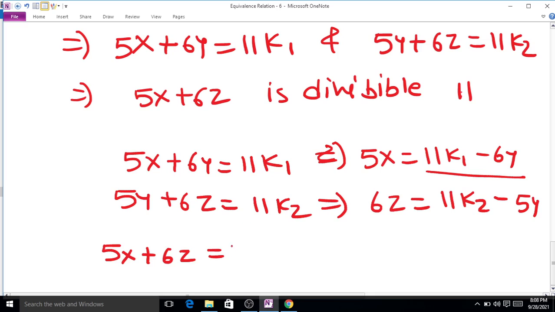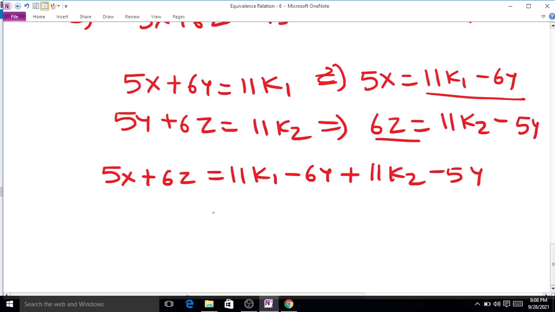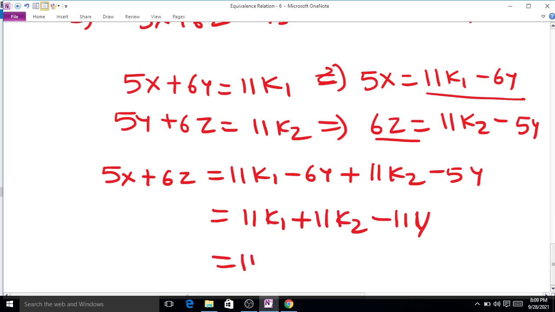It is 11k1 minus 6y. What is the value of 6z? It is 11k2 minus 5y. If you simplify this, 11 times k1 plus 11 times k2 minus 6y minus 5y, which is equal to minus 11y. So if you take 11 outside from the right hand side, you get k1 plus k2 minus y.